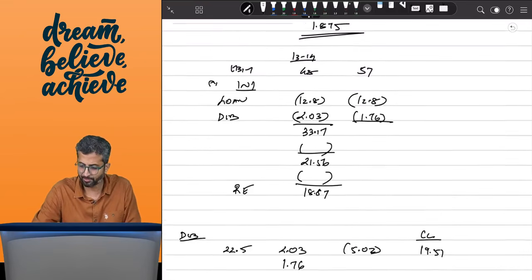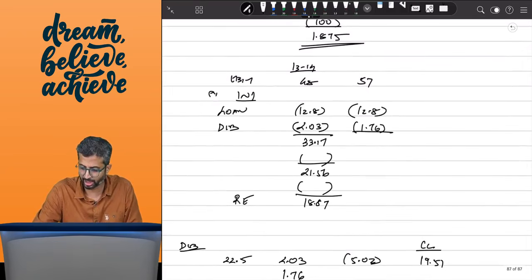So if I go 57 minus 12.8 minus 1.76 comes to around 42.44 minus 35% around 27.59 minus 12.5% 24.14.